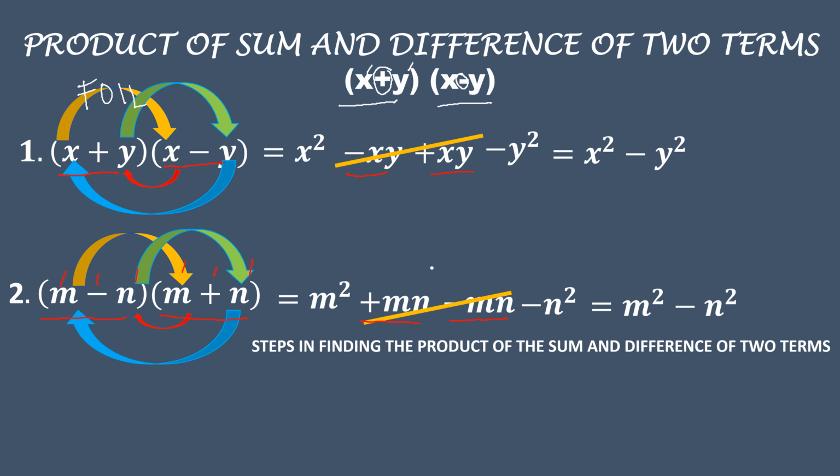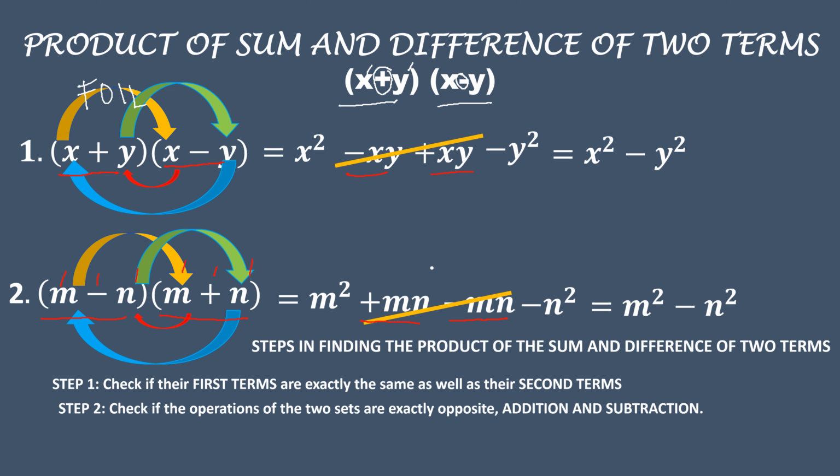So a plus and a minus. Therefore, what is step 1? Step 1 is you need to check if their first terms are exactly the same as well as their second terms. As we have seen, x and x are the same, and the second terms y and y are the same. Next, you have to check if the operations of the two sets are exactly opposite.